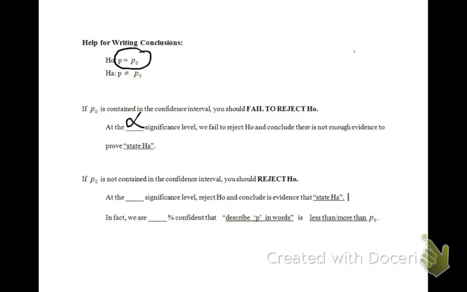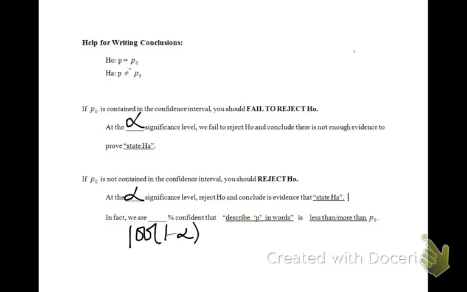If P0 is not in the confidence interval, you should reject the null hypothesis. It's not likely that it equals this number. In this case, you would say at the alpha significance level, we reject H0 and conclude there is evidence of HA. Then you should also make the statement, in fact, we are 100 times 1 minus alpha % confident that P is less than or more than this number from the null hypothesis.